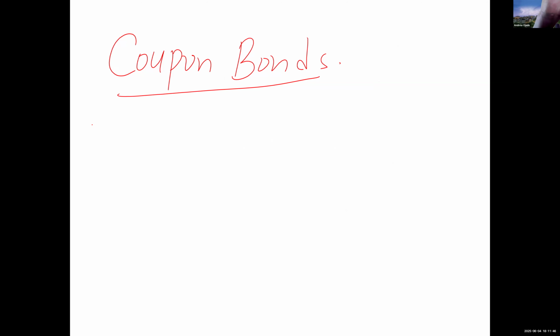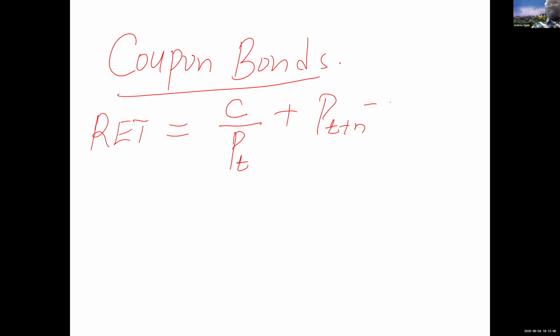So that means the return on a coupon bond or on a bond investment, you take the coupon payment, expressed as a percentage of the bond purchase price, plus the rate of capital gain, which I'm writing as P T plus N minus P T over P T. The second portion is the rate of capital gains.